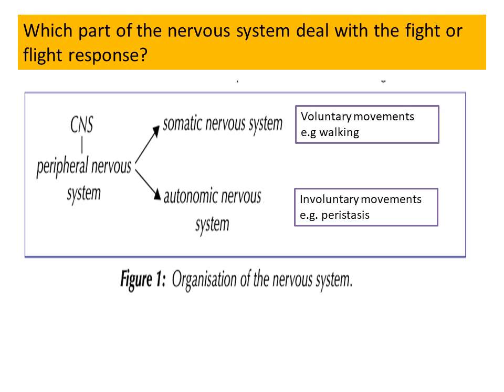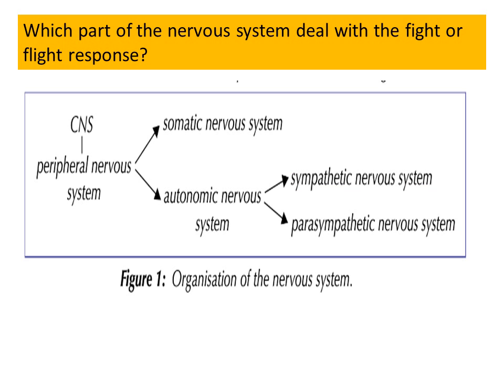The way in which our pupils change size is all under the control of the autonomic nervous system. Now, there is one more level. The autonomic nervous system can be divided up into two halves. These two halves are called the sympathetic and the parasympathetic nervous system.